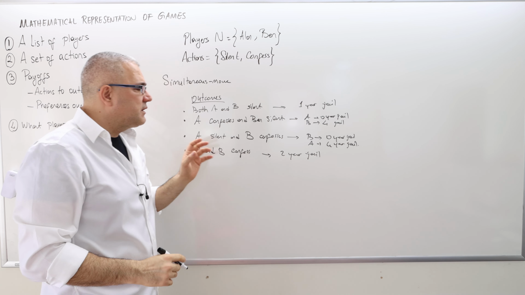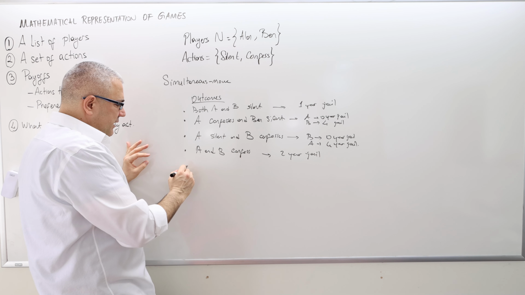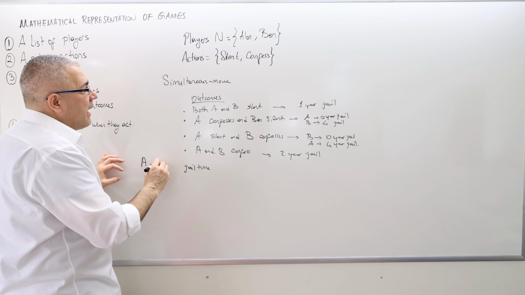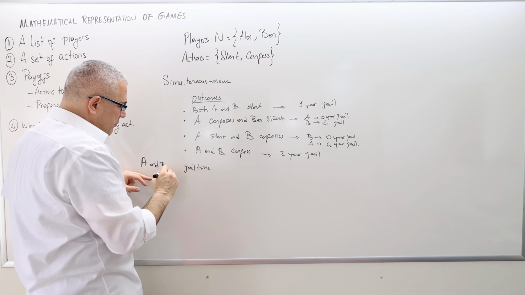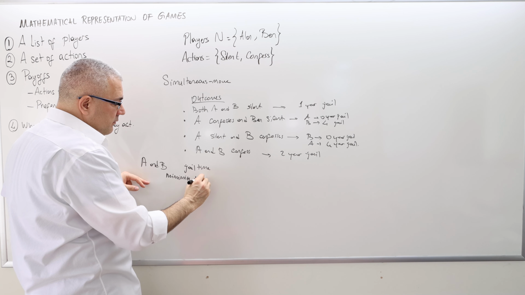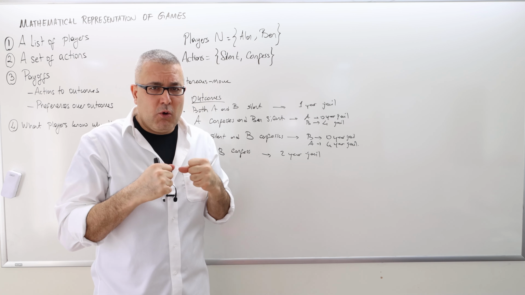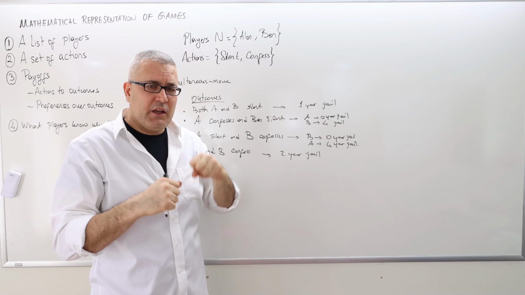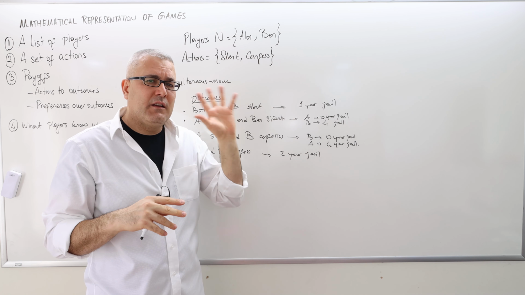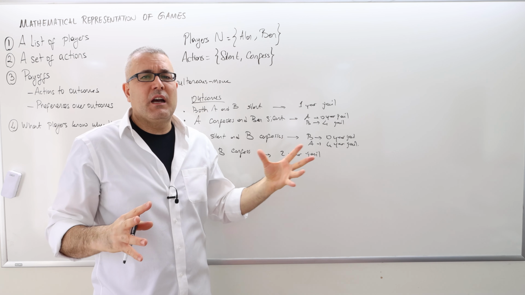Okay? And remember, the only thing that they care about is the jail time. Both Alan and Ben are trying to minimize their own jail time. So Alan is trying to minimize his own jail time, and Ben is trying to minimize his own jail time. So they don't care about, for example, if Alan is the subject, Alan does not care about Ben's years in jail.